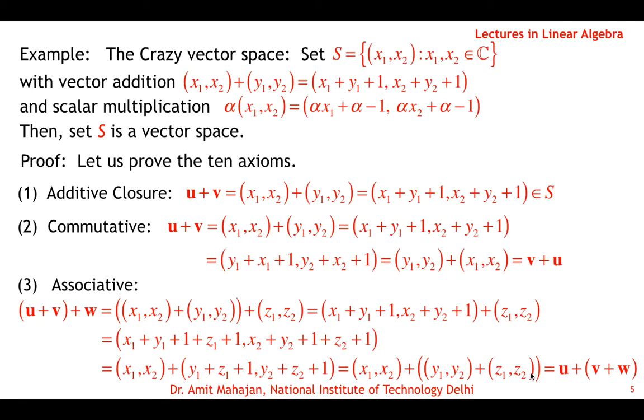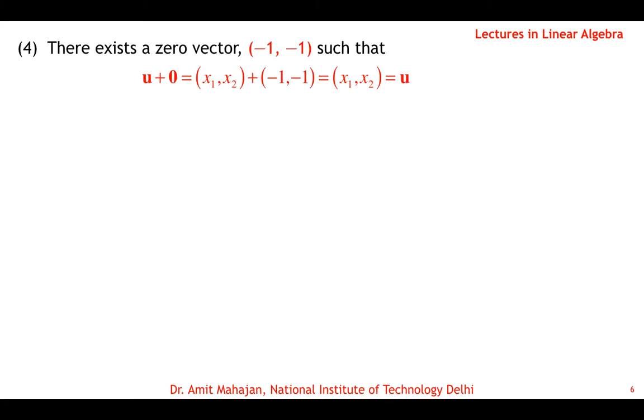The fourth property is the existence of the zero element. There exists a zero vector here which is -1 comma -1. This belongs to the set S because set S consists of all vectors having two tuples. Clearly you can check that u plus the zero vector, where u belongs to S, so u is of the form x1 x2 and the zero vector is -1 -1.